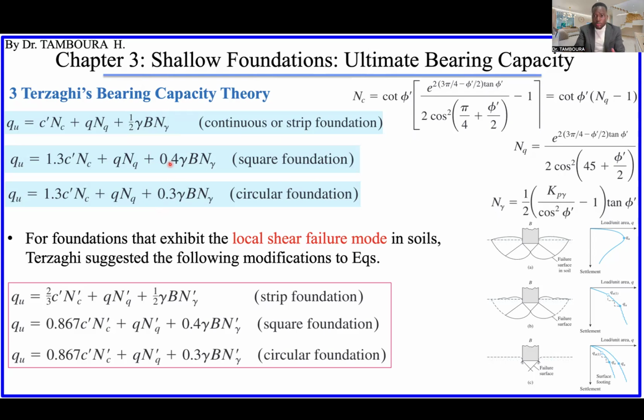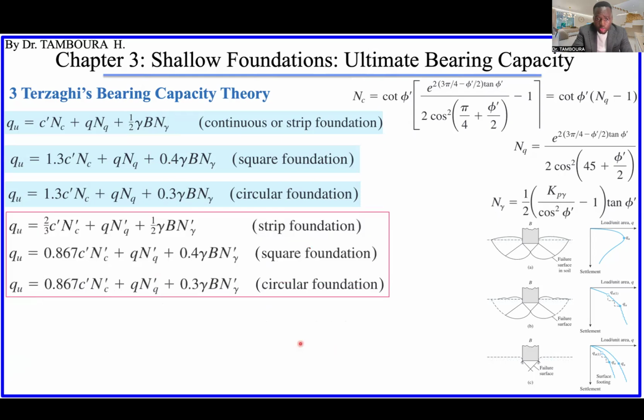If you know the type of soil, then you can understand what type of failure you can expect, general shear failure or local shear failure. Then after that, you can select the appropriate formula. This is normally what you should do.